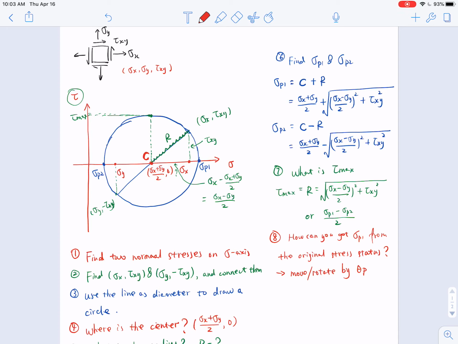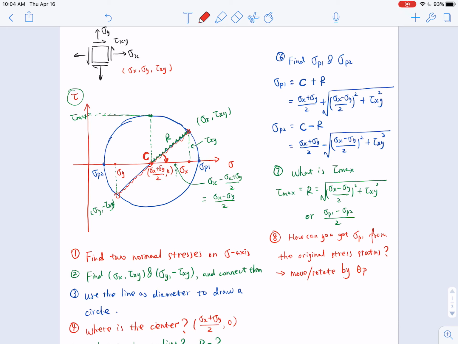From the Mohr circle, obviously this can be achieved by rotation. Here is your original status. To achieve the principal stress status, you just need to turn it clockwise from here to here.